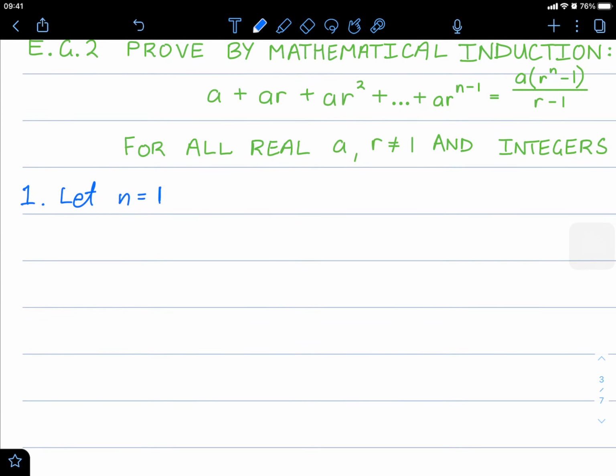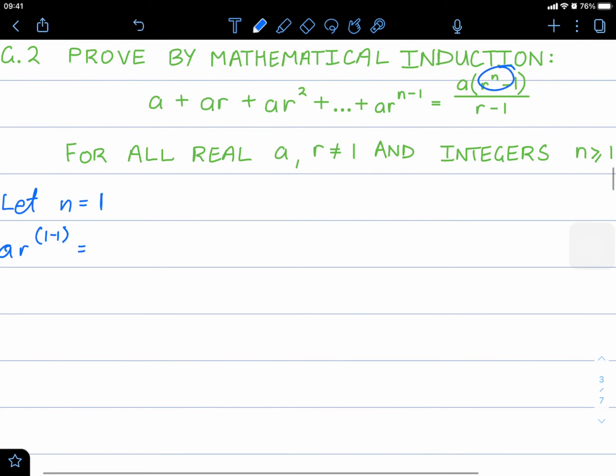So now we get a, the smallest term being ar to the power of 1 minus 1, is equal to, when n is equal to 1, a times r to the power of 1 minus 1 over r minus 1.